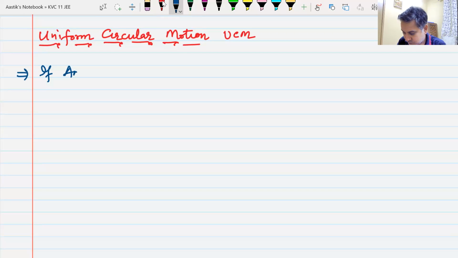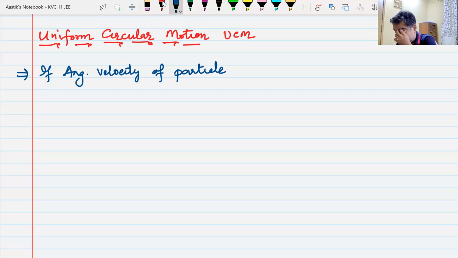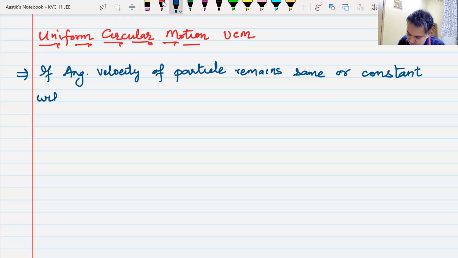If the angular velocity of the particle remains the same or constant with time, then the motion is known as UCM.